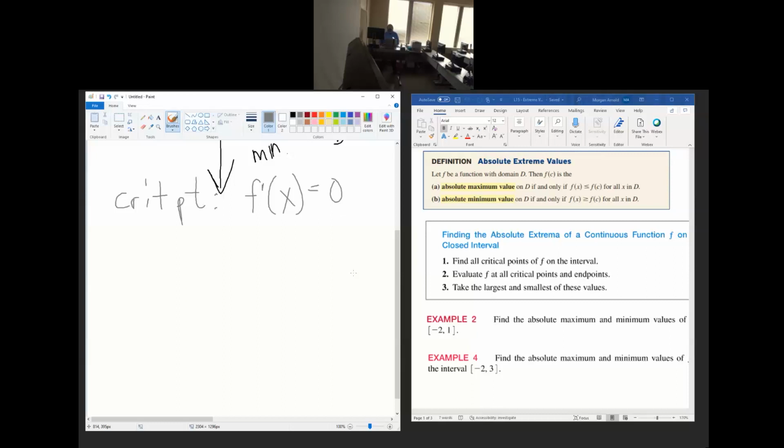Step 2, evaluate f at all critical points and endpoints. So whatever our critical point is, plug it into your original function. And whatever your endpoints are, you also plug them into your original function.